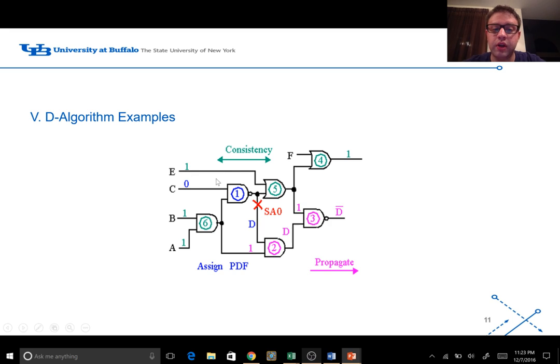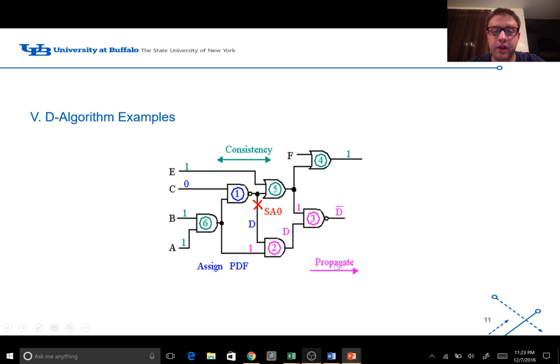Another example, just to show that you can start with any fault line. We're starting here in the middle portion where my cursor is, that's currently unlabeled. It receives the value of D, propagates through an AND gate. D, D, this is a NAND gate, so you get the inverse of D. So step 1, assign.